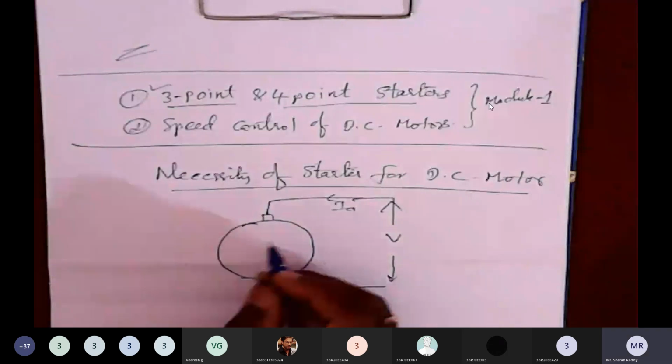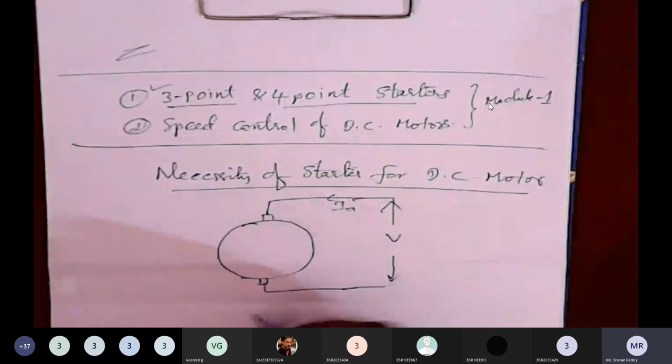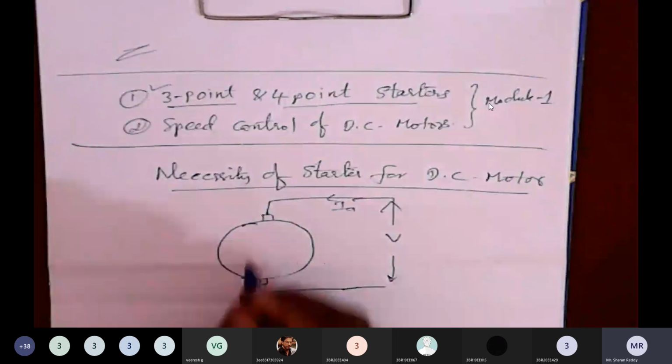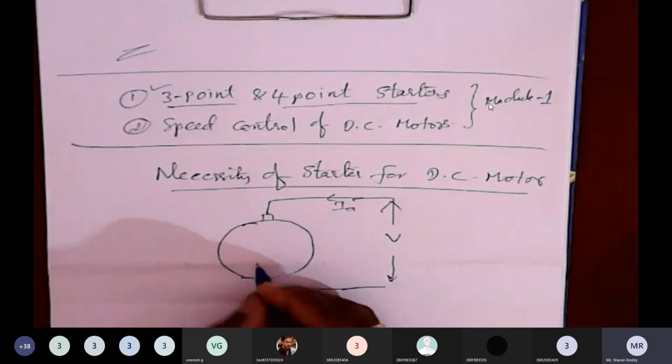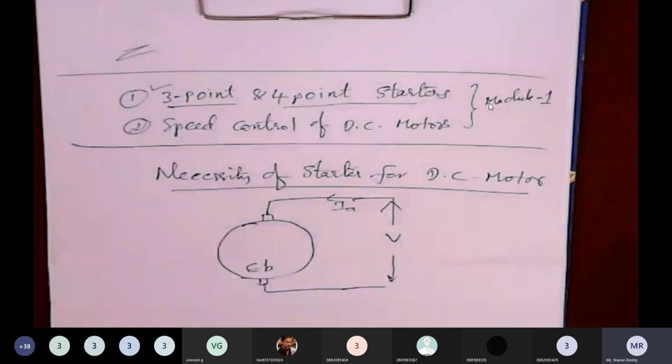After the motoring action, there is a generating action also inside. It develops a voltage which we call back EMF, Eb.